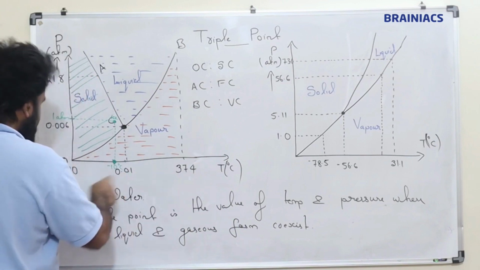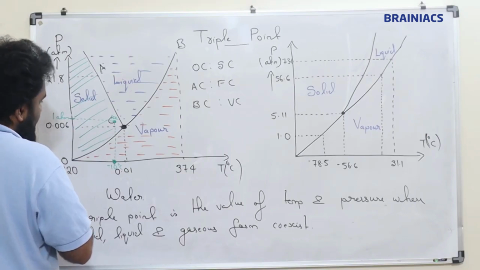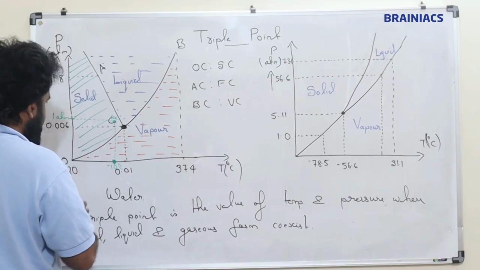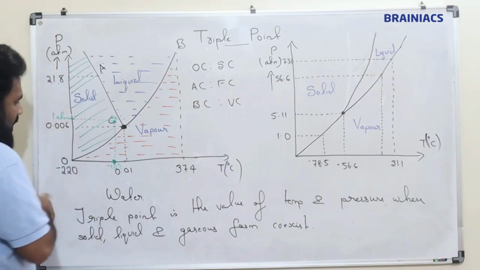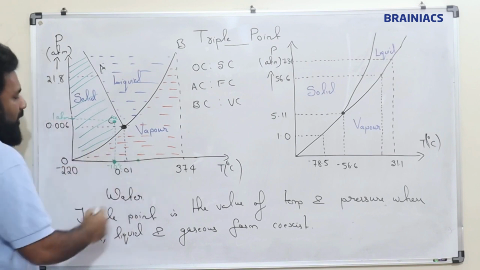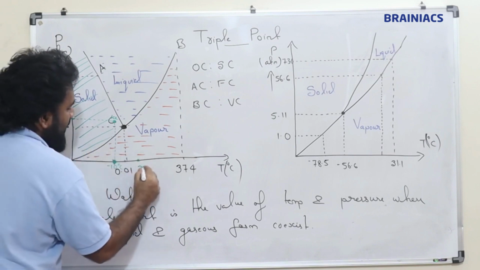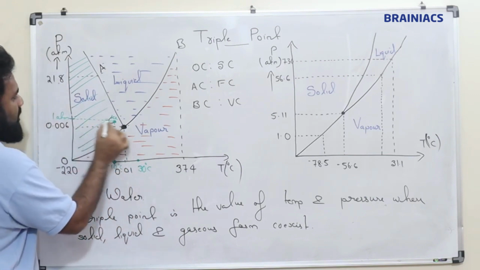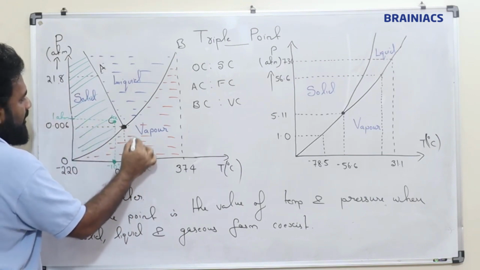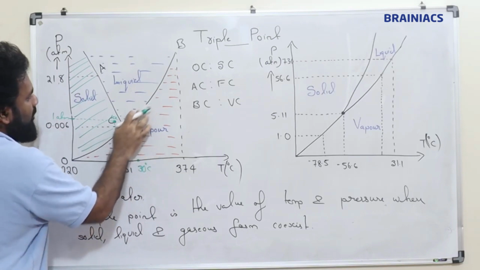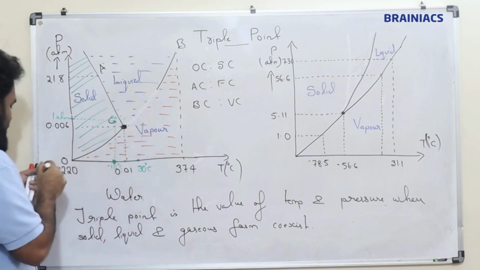Suppose if this is 0, 1, and this is 374, such a big difference is there in the scale. Now I am taking somewhere here 30 degrees Celsius. Now if this is 1 atmospheric pressure, I am doing a little manipulation for your understanding purpose.